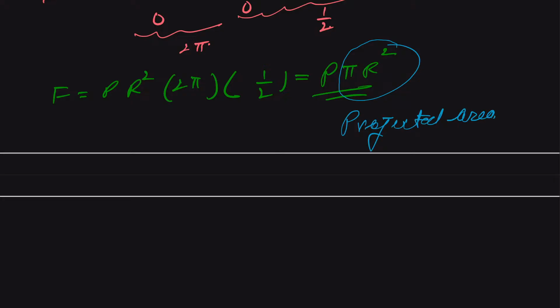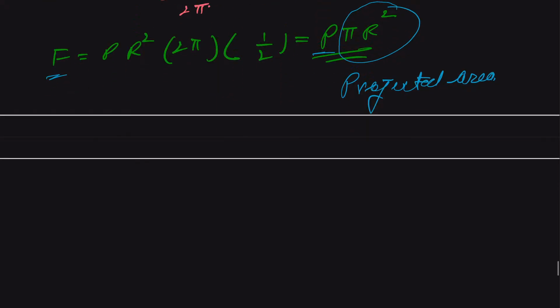So if you know the formula for this projected area, we can say the force will be directly equal to our pressure multiplied by the projected area, which is pi r squared.